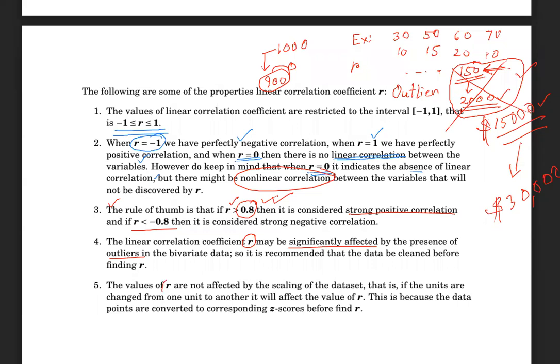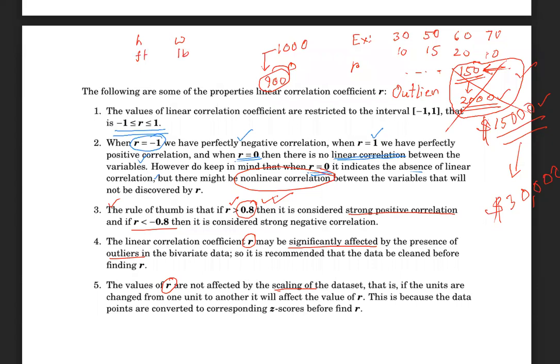Next, the value of R, the Pearson correlation coefficient, is not affected by scaling. That means, let's say we are measuring the strength of association between two variables, your height and your weight. In one case, we measure height in feet and weight in pounds.